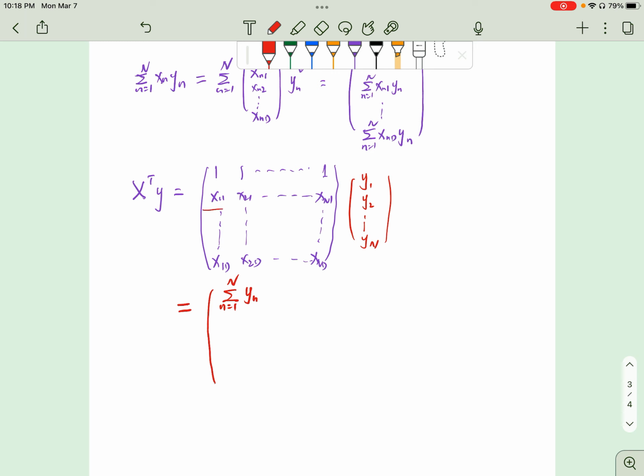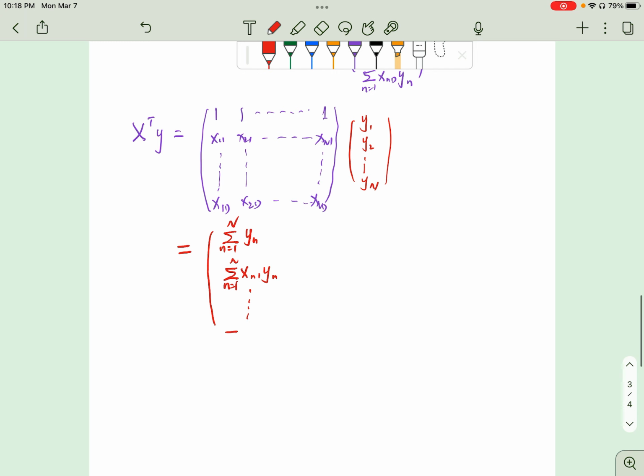And the second one, you use this row to multiply with this column. You get the sum of xn1 yn, right?